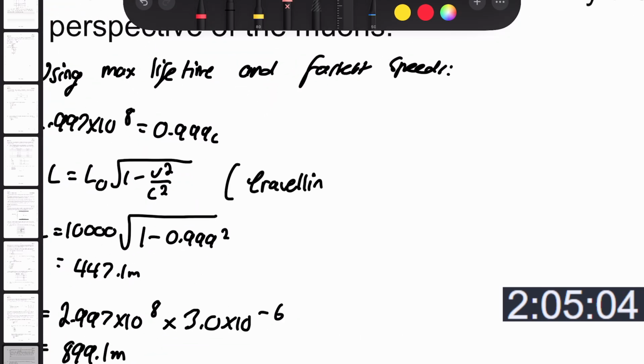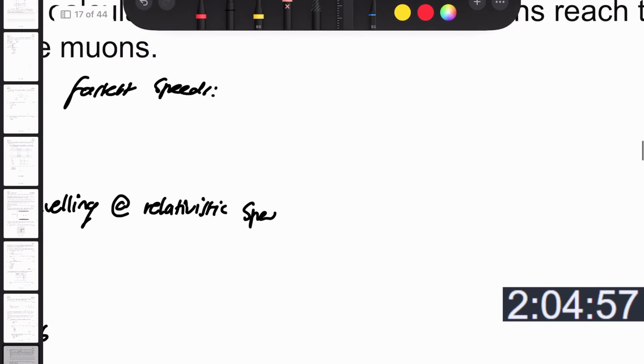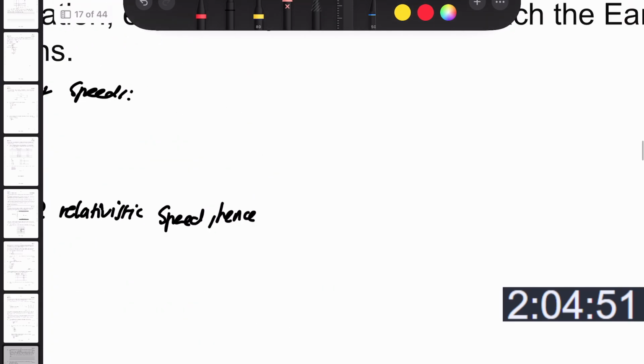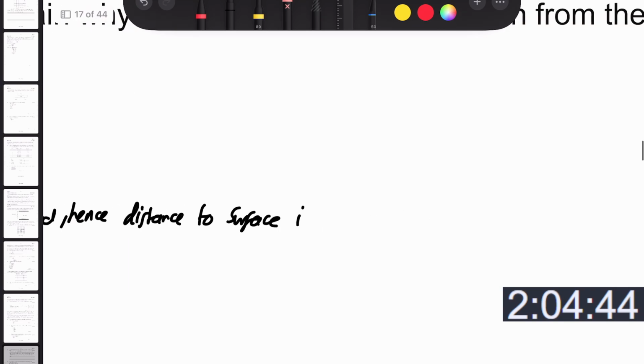So traveling at relativistic speed, hence the distance to the surface is contracted.